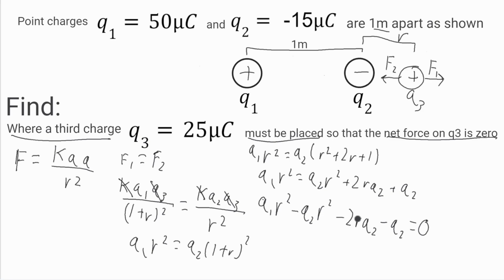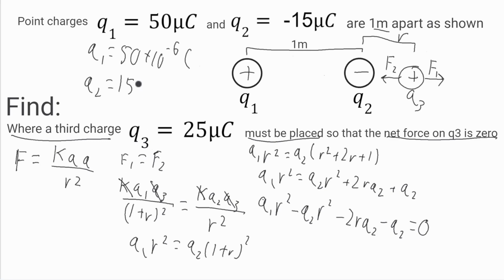Now I can plug in some numbers for Q1 and Q2 to simplify this down to just a regular quadratic. But first I need to do a unit conversion. So 1 microcoulomb is equal to 10 to the negative 6 coulombs. So Q1 will be 50 times 10 to the negative 6 coulombs. And Q2 will be, I'm just going to write 15 because we already accounted for the negative with this part here, setting F1 equal to F2.